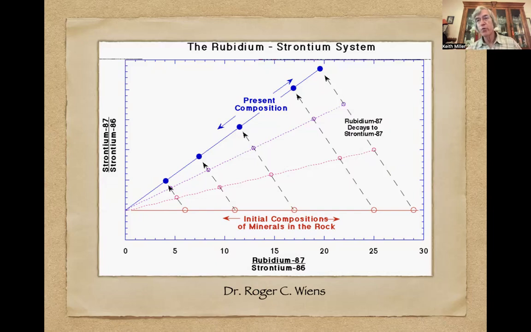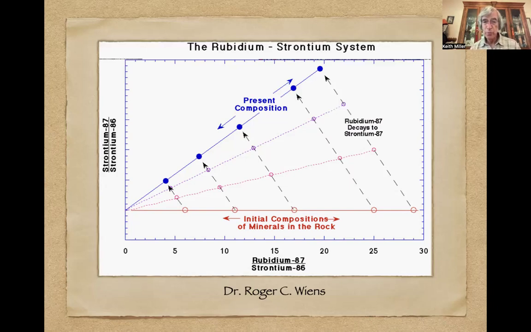All those minerals formed at the same time, but they're different minerals. But they all crystallize out with the same ratio of strontium 87 and 86, the same ratio of the decay product to strontium-86. So that's why that's a straight line. They all had the same initial composition.